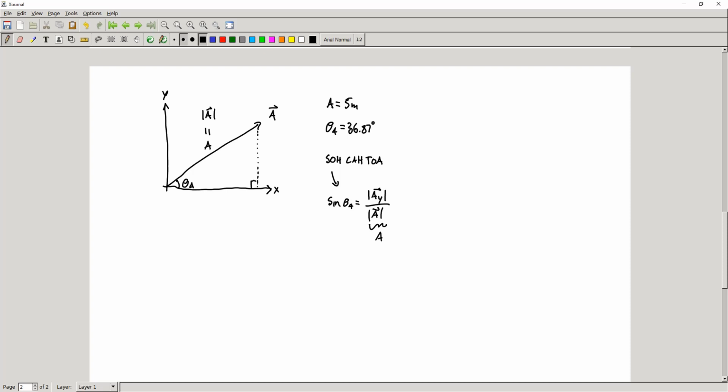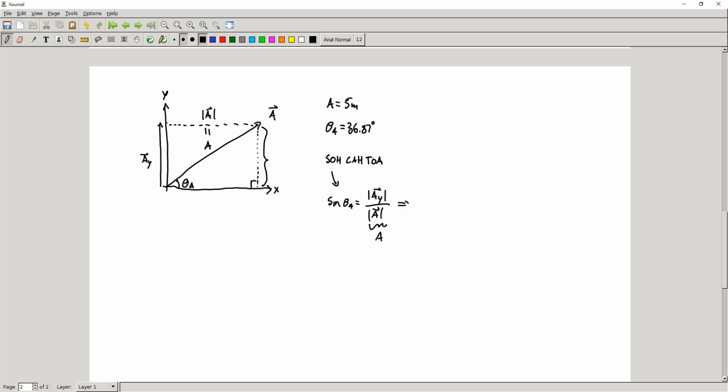Well, A_y is just this distance here, but that again can just be mapped onto our y coordinate here, and so A_y, the vector, is just a vector that points along the y-axis with a magnitude equal to whatever this quantity is in this equation that we need to solve the problem.